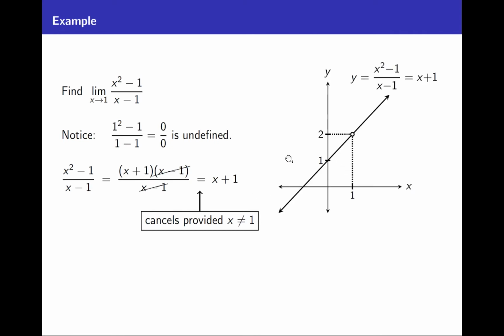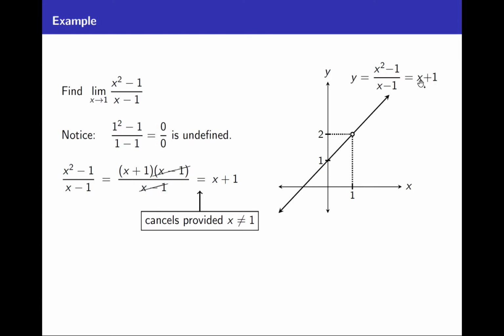So let's graph the function, and then we can talk about what its limit is as x approaches 1. If you graph the function x squared minus 1 over x minus 1, that just simplifies to x plus 1, as we indicated here. And x plus 1 is an easy function to graph. That's a straight line, slope 1, y-intercept 1. So it looks like this. But remember, you can't plug in 1 to our function, because if you did, you'd get 0 divided by 0.